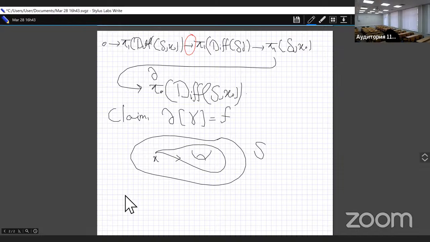There are free loops which do not have representatives without self-intersections.